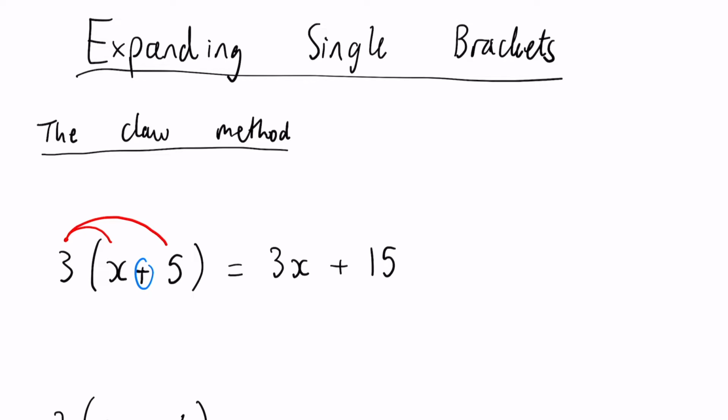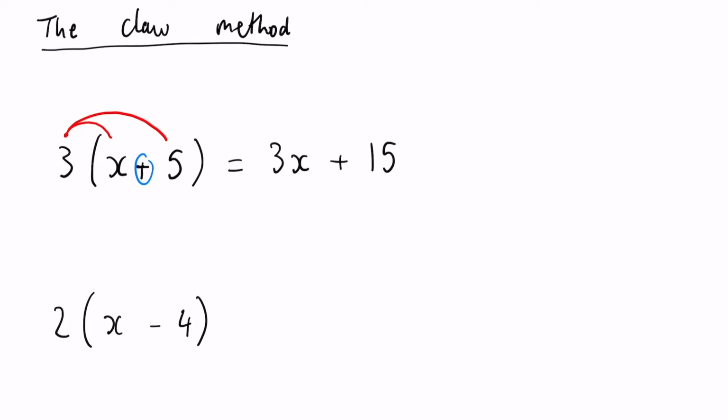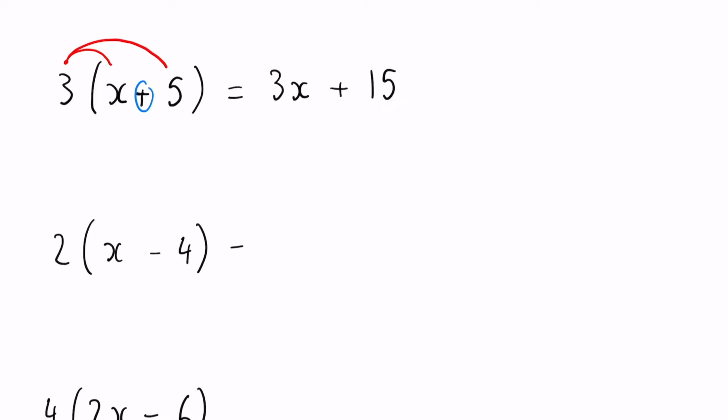So the 5 examples I've got here will get increasingly harder in difficulty as we go down. So it'll be a good little warm-up as we go through them. So next, fairly similar to the starting one, but we just have a negative in there. So 2 multiplied by x, and then 2 times the minus 4. Now when we have negatives, I often find boxing the symbol in with the number together very useful.